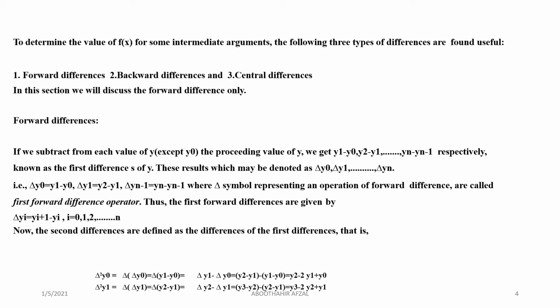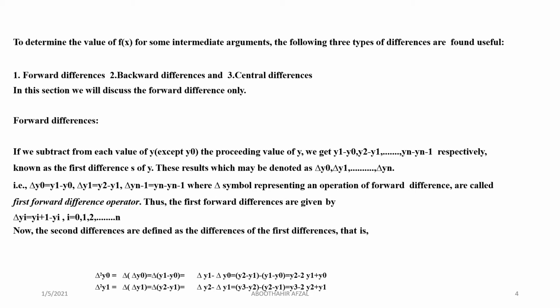So now let us come to what you understand by forward difference. How to find the forward difference? If we subtract from each value of y the preceding value of y, for example, I am finding y1 minus y0.